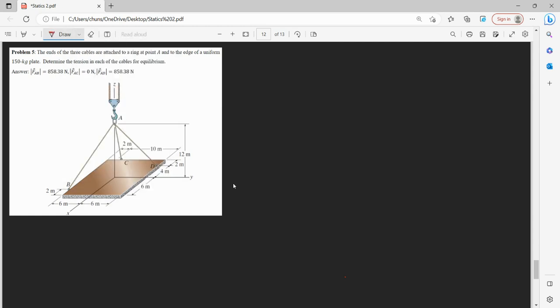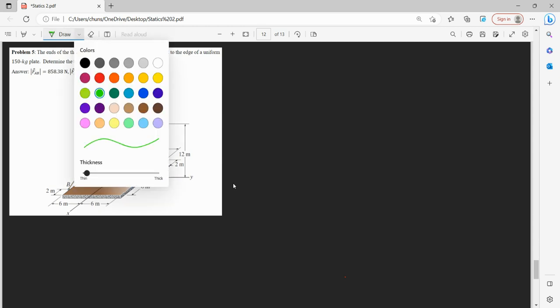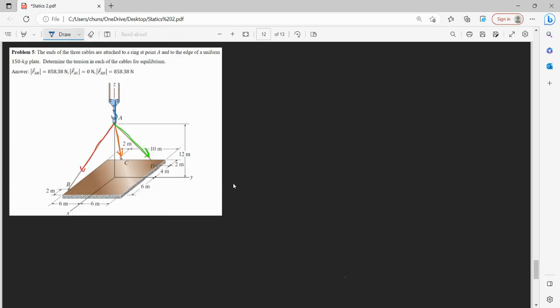Okay, so I'm going to color code them. So this is AB. Orange we will have C, and AD in green. Now notice that all of these, since they're in tension, all of them are pointing down, so it's going to have a net downward force from our cables. But since our system is in equilibrium, that means our plate will have to exert a force to resist it.